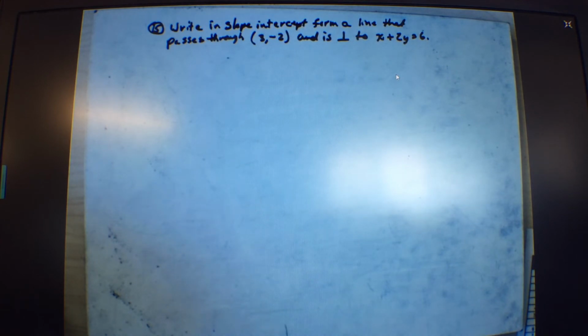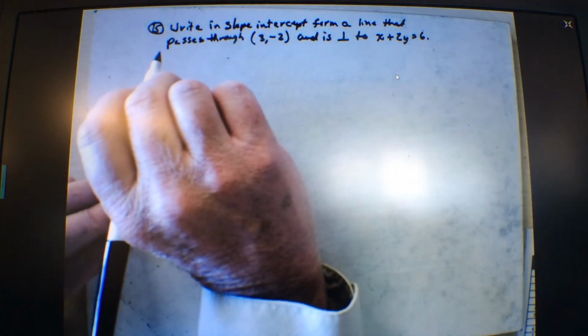Dylan, how do I begin? I would put x + 2y = 6 into slope-intercept form.